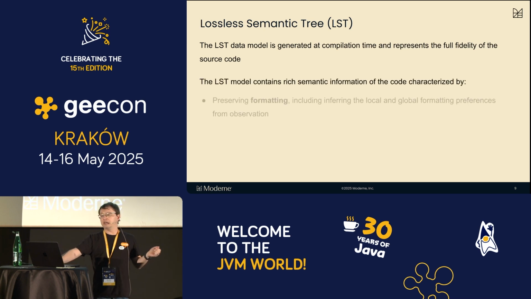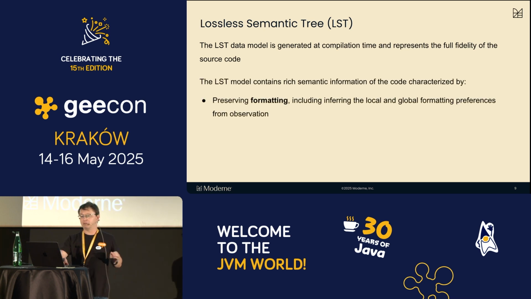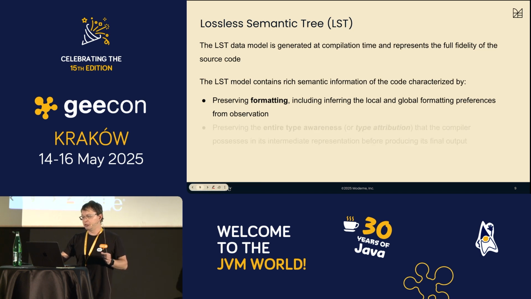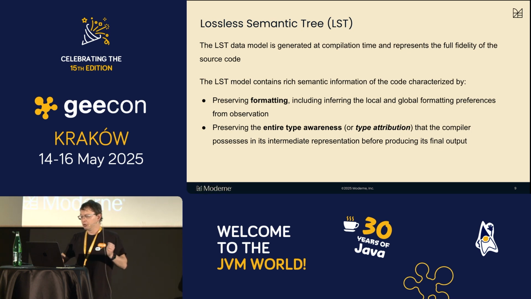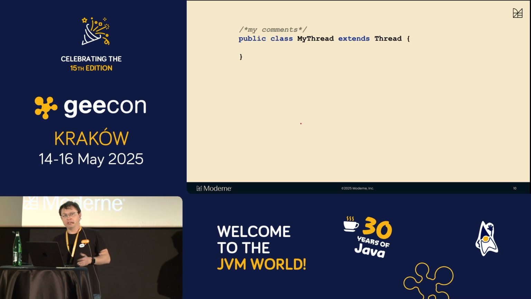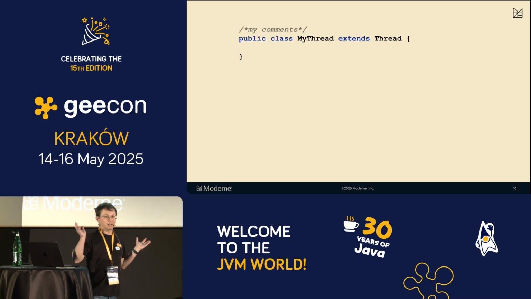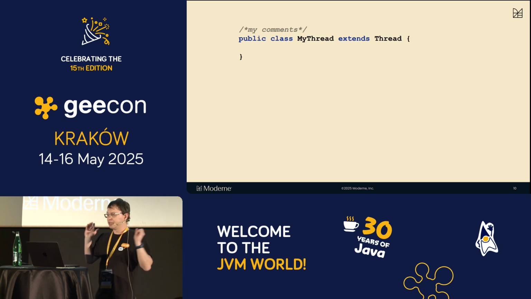Also, it preserves the information about formatting, as I mentioned before, and information about types used in this code snippet or in the whole code base. It is most understandable what formatting is, but maybe not very clear why we need type attribution and what it is. For this reason, let's discuss a small example.